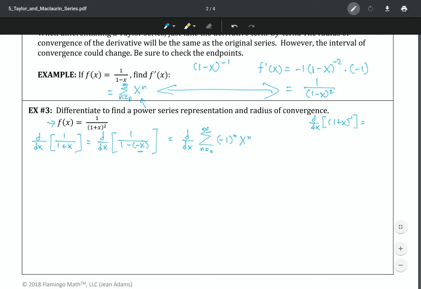I bring the -1 down, subtract 1 from the power, and then multiply times the derivative of the inside, which is 1. So I'm using the chain rule. Notice that I'll almost get what I need, except I have a -1 over 1 plus x squared.